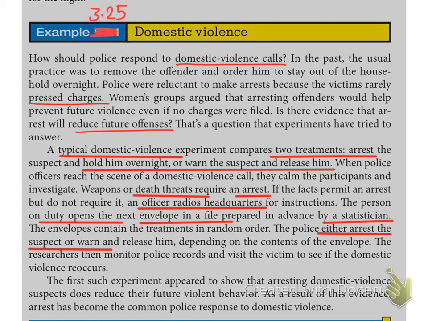In this kind of experiment, they figured out that arresting a domestic violence suspect has a positive impact. It reduces future violent behavior. Because of that, arrest is now the common police response to domestic violence.